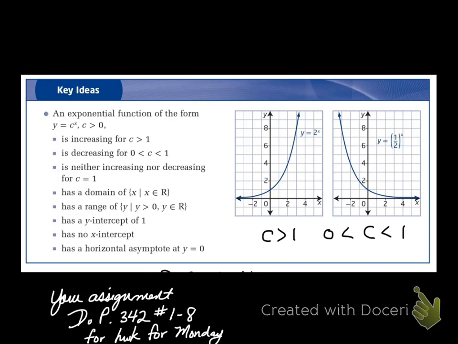It has the domain of x can be any real number, has the range of y being greater than 0 but not equal to 0. It has a y-intercept of 1, and it has no x-intercept. And it has a horizontal asymptote at y = 0. There's our two examples, y = 2^x and y = (1/2)^x.